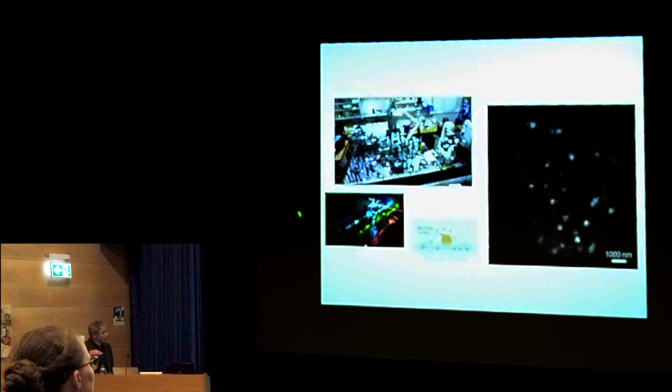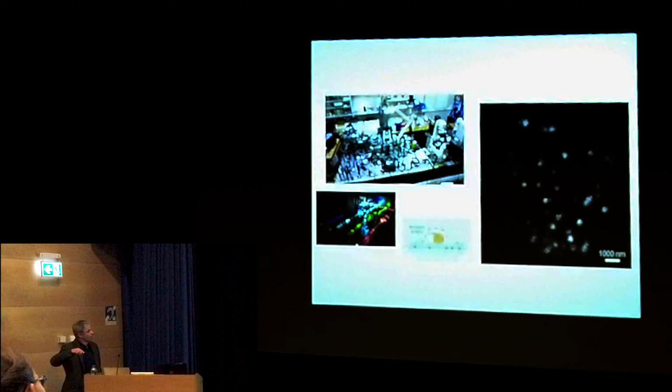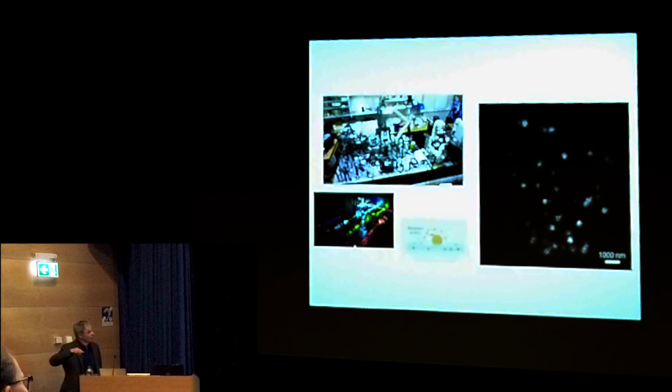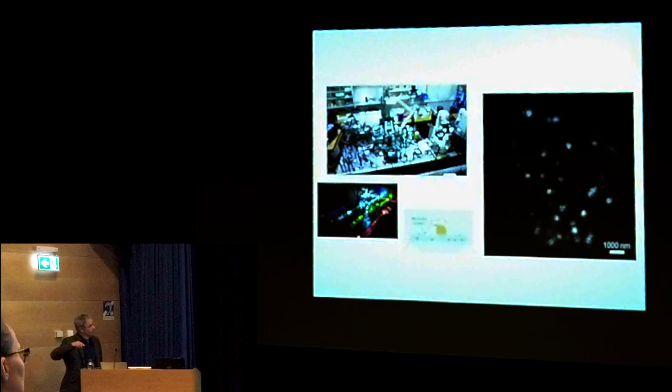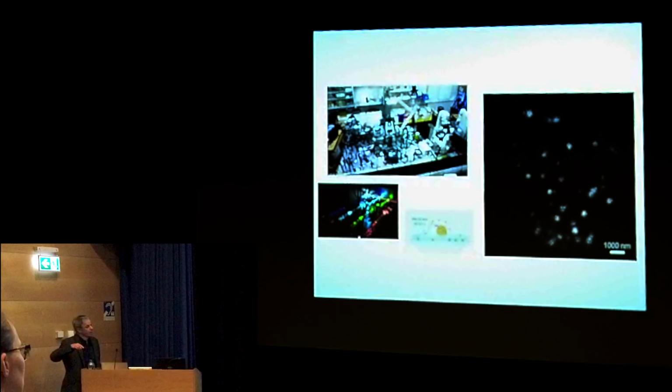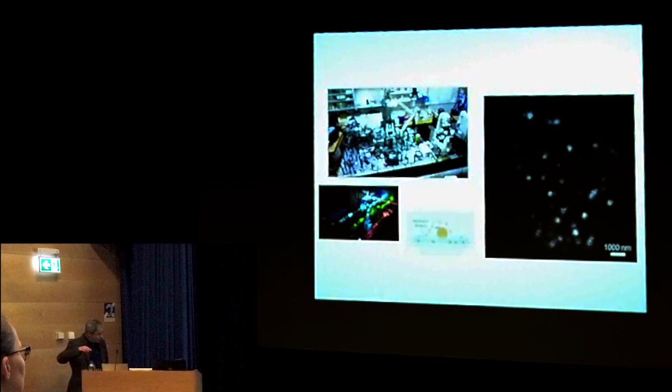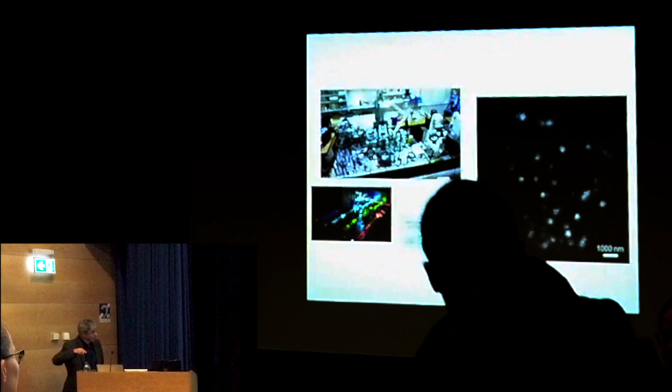What I showed you at the start, and I'll show you again, is what happens. The light comes up through the objective and undergoes total internal reflection, so it only excites about 100 nanometers above the cover slip. Then we can image the T cell receptor on the bottom of the T cell.